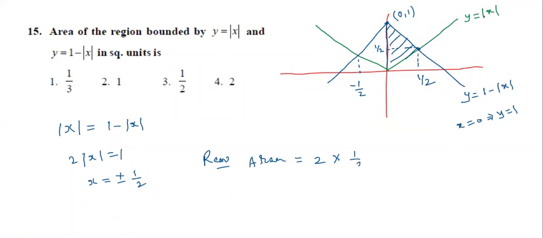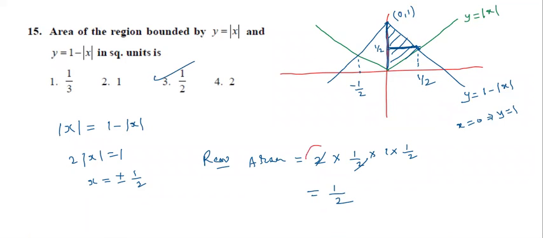Half into base into height. Half into base 1, height 1 by 2. This length is 1, this is 1 by 2. Students, all of you understood? Now here the 2s cancel. What is the required area? 1 by 2. So the third option is correct.